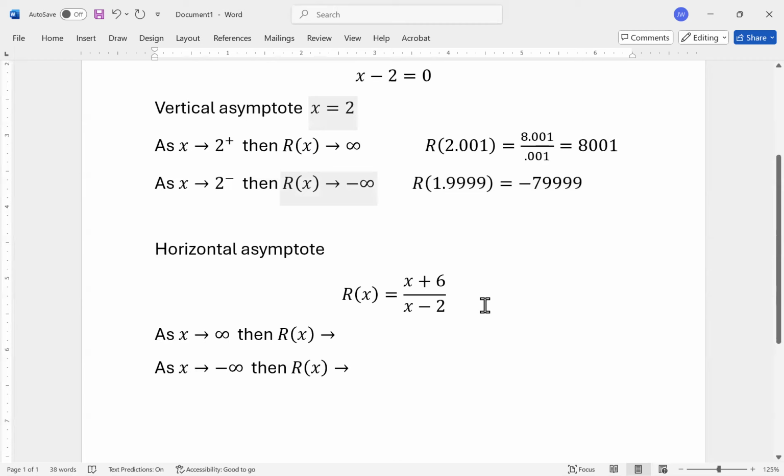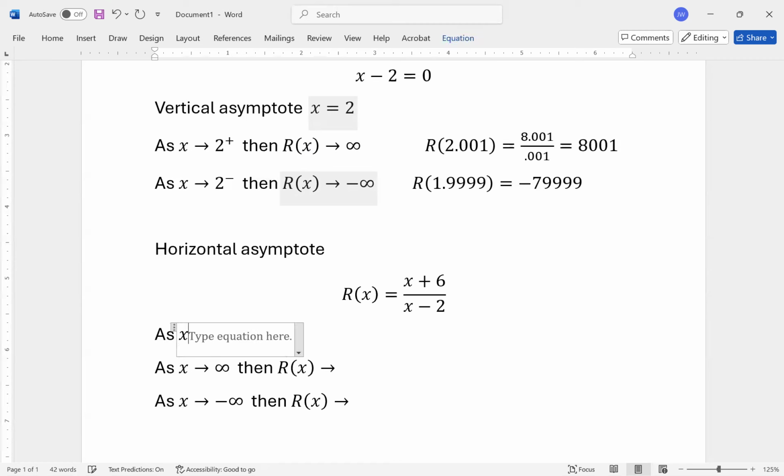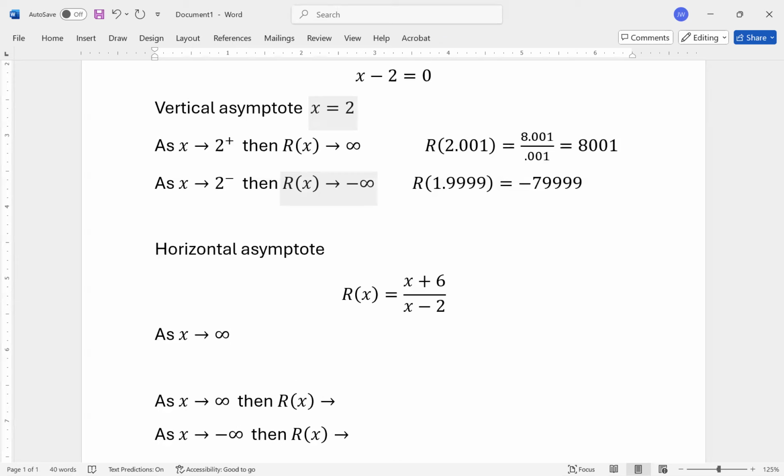In this case, basically, as x gets really, really big, let me write this down. As x goes to positive infinity, then what is going to happen to my function?